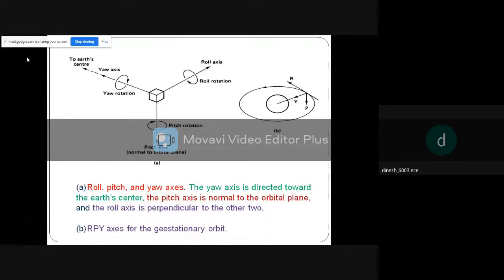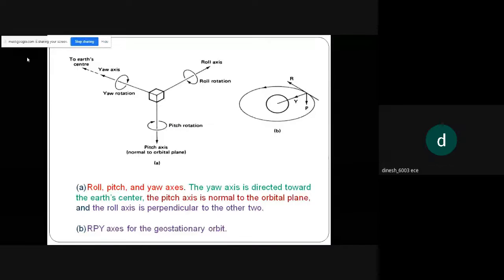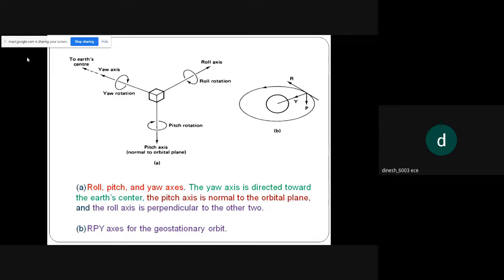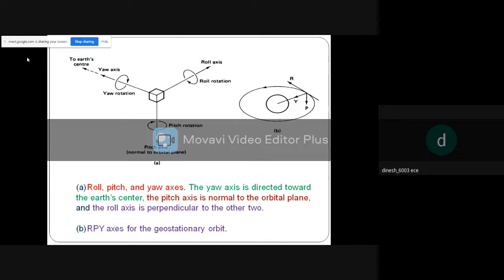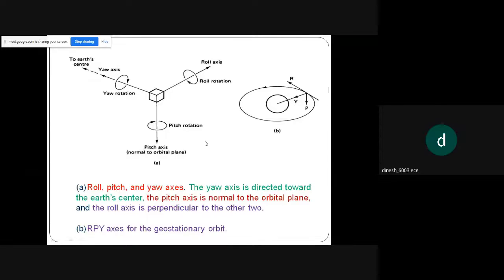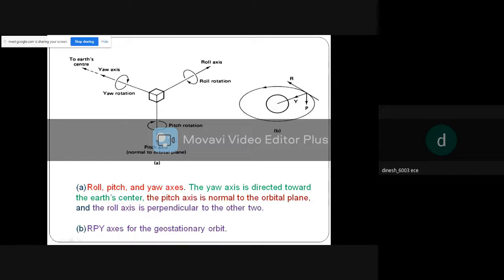You can see in the diagram. Diagram A represents the roll, pitch, and yaw axes. The yaw axis is directed towards the Earth center. You see here, yaw axis. The pitch axis is normal to the orbital plane, and the roll axis is perpendicular to the yaw and pitch axes.